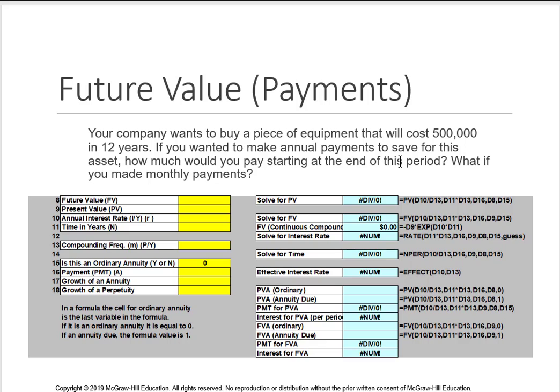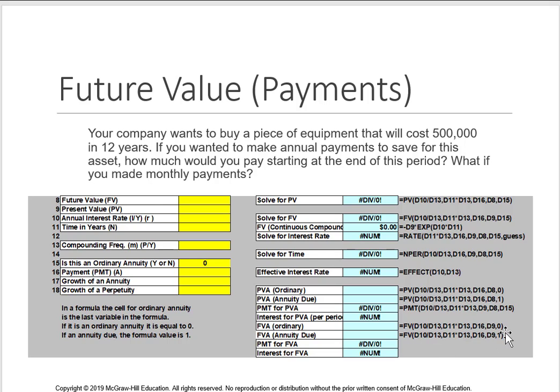So at the end of the year, if you need $500,000, how are you going to do that, right? If you can earn a certain interest rate. So again, I'm going to plug in these yellow numbers. The formula is over here. You want the future value of an ordinary annuity, and that's this formula right here.